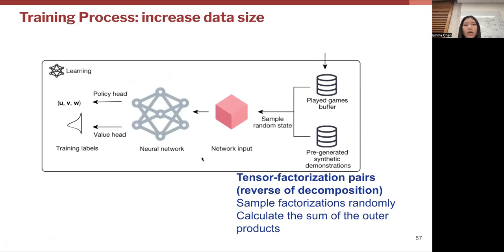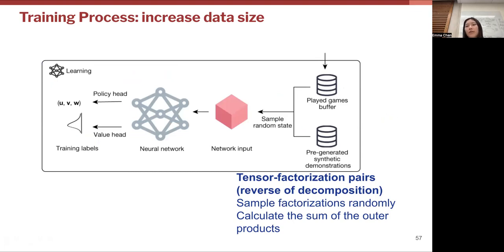So the neural network is trained from either previously played games or some generated synthetic data. So what is this generated training data? We know that it's hard to do matrix decomposition, but the reverse is actually very simple.